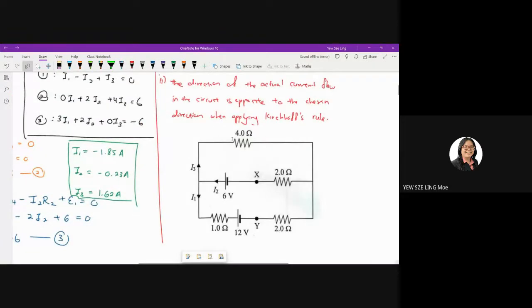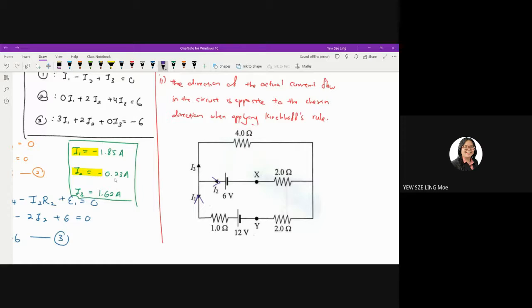So if you look at the answer in question 1, I1 is a negative value, I2 is also a negative value, meaning the actual direction of the current flow in the circuit, not based on this diagram, should be like this. It's opposite to the diagram given. So the diagram tells us that I1 is leaving, but the actual direction should be entering the junction.